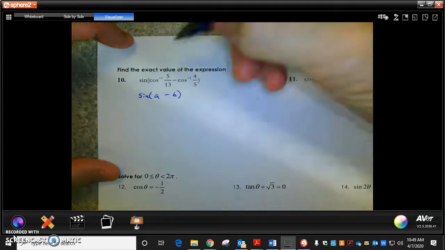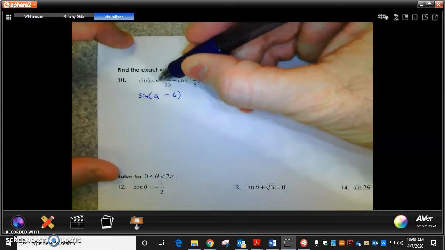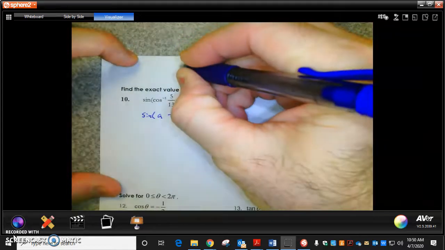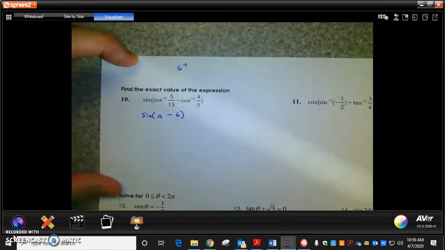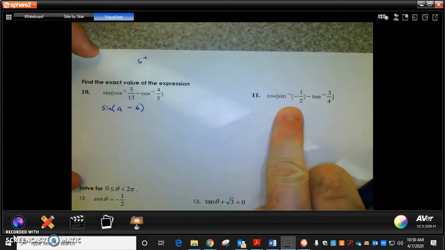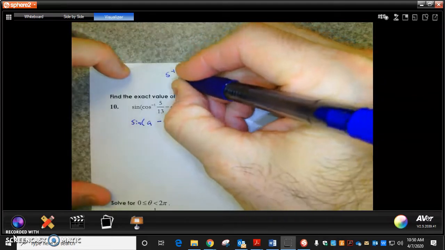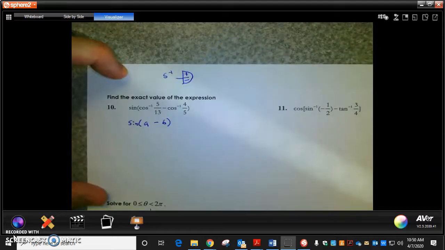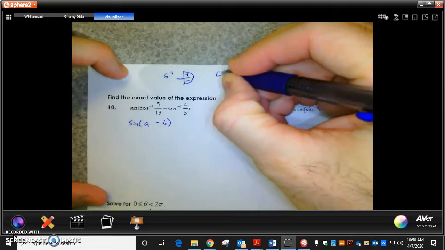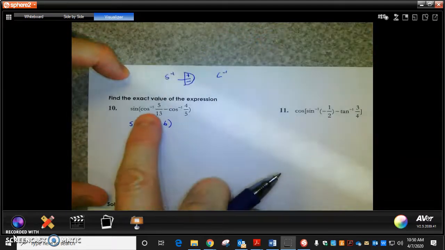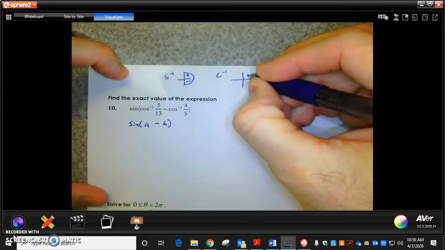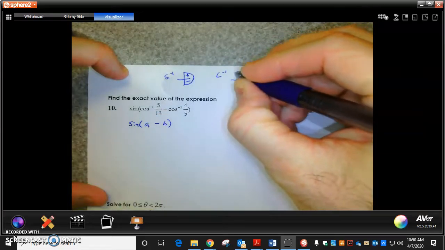I'm going to go either right beneath it, or over here on the side, and draw a triangle. Because they're using the inverse notation, if this was an inverse sine, like on number 11, I'm only allowed to use quadrants 1 and 4. So that's what's going to tell me where to draw that picture. If it's an inverse cosine, like on number 10, these are both inverse cosines, I'm going to be using quadrants 1 or 2.